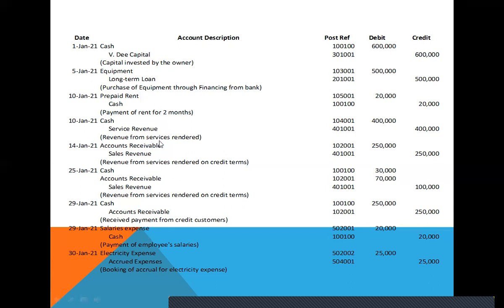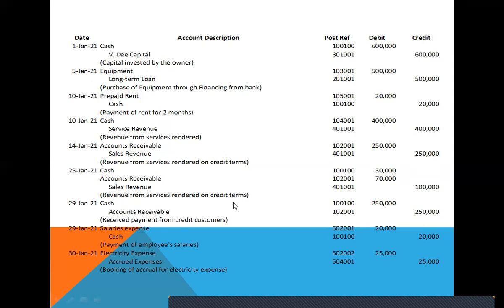All right. January 14, revenue from services rendered on credit terms, right? On credit terms means that the customer did not pay in cash. If you can remember, the customer was given 15 days to settle its account. So you record accounts receivable debit 250,000 and credit sales revenue of 250,000. On January 25, revenue from sales rendered on credit terms.